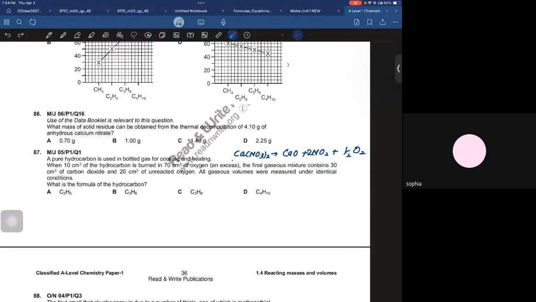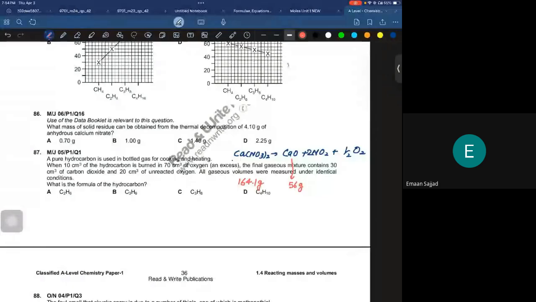Can you tell me the molecular mass of calcium nitrate and calcium oxide? I think calcium oxide is 56. And the molecular mass of calcium nitrate is 164.1 grams.